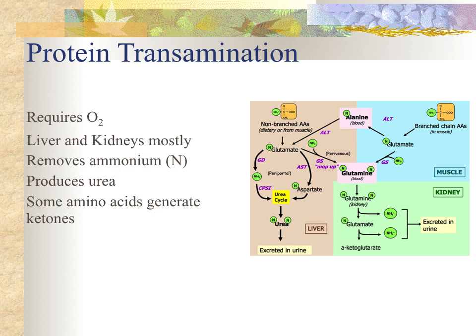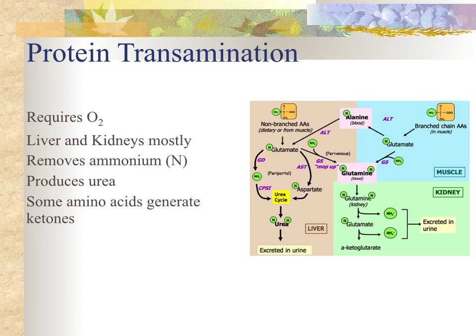Here it's shown as NH4, and these NH4s are going to affect blood pH. They're basic, and they're hard to get rid of and very hard on the kidneys. There's also a few amino acids that generate ketones. Okay, so there's really negative things, and we don't want to rely on proteins.